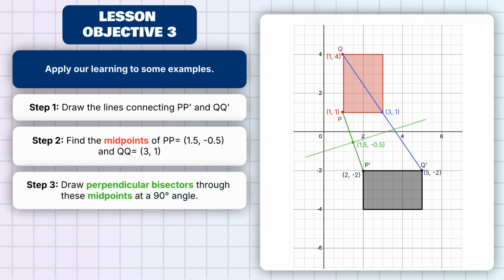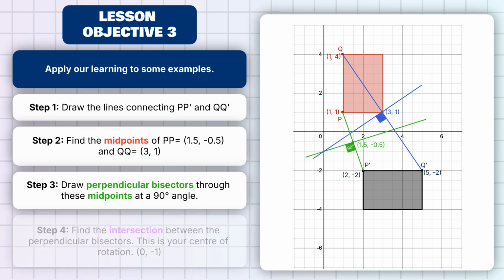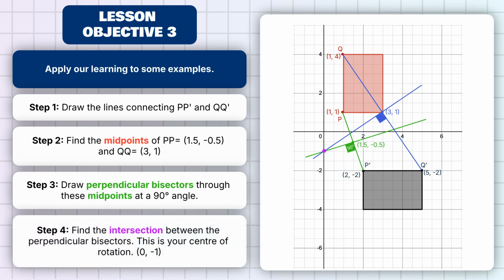Draw the perpendicular bisectors through the midpoints at a 90-degree angle. Finally, find the intersection between your two perpendicular bisectors, which is your center of rotation. In this case, the center of rotation is (0, -1). By practicing these problems and understanding each step, you will become proficient at finding the center of rotation for various figures.